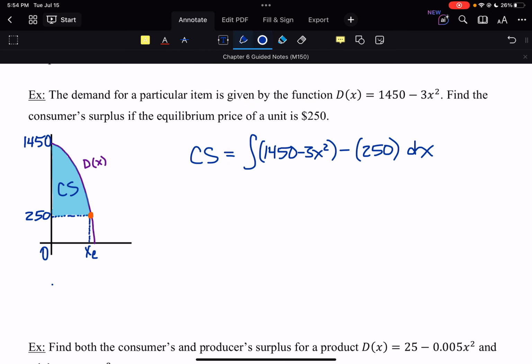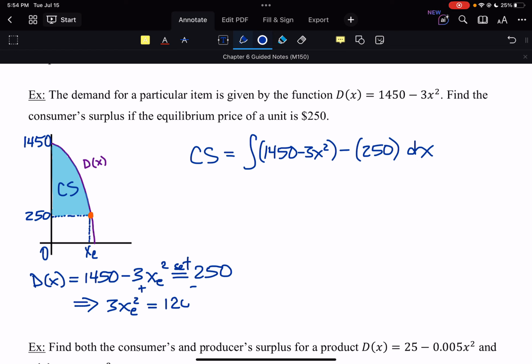So we'll go ahead and take our function, d of x equals 1450 minus 3 x e squared, and then we'll set this equal to 250. If I subtract that over, we get 3 x e squared equals 1200.